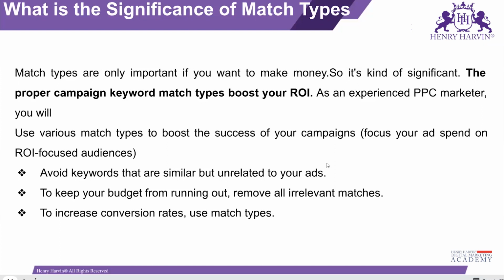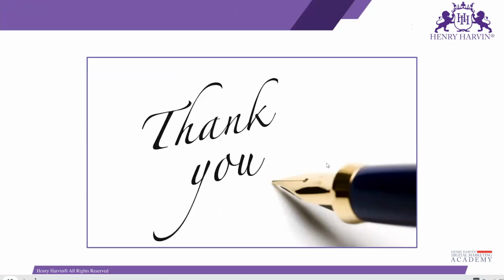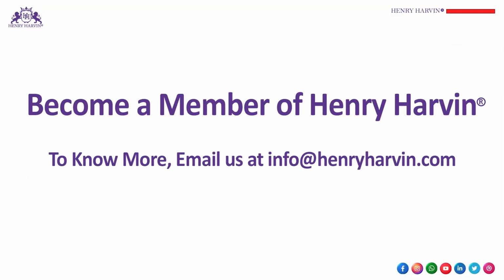No, the chances are very low. So that's how you can remove irrelevant matches and make sure that your ad is shown on relevant matches. So to increase conversion rate, use match type. If you use a relevant match type, then only people who are willing to use your service will come to your ad and click on it.